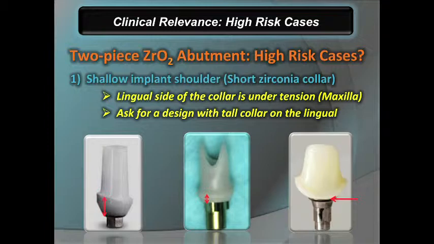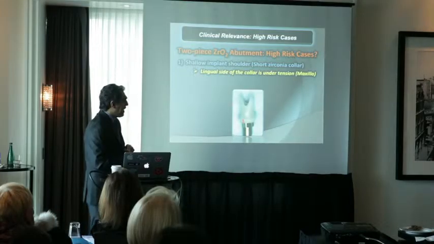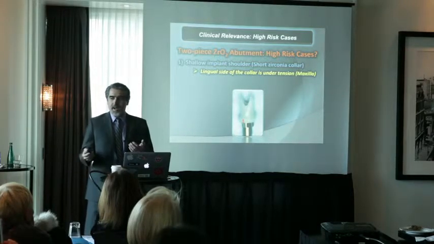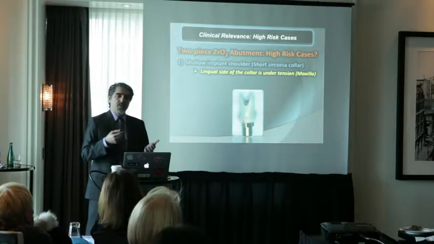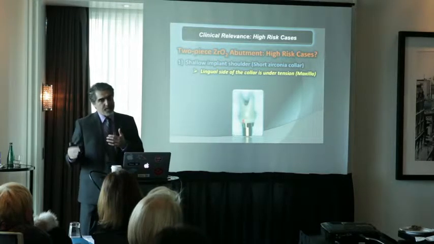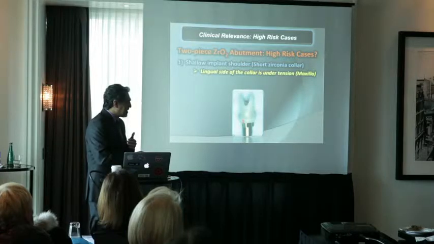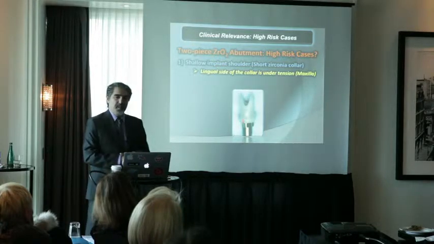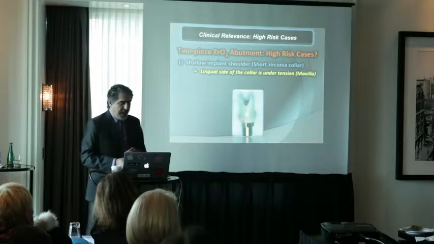The implant is shallow, and now we're going to use the zirconia abutment, but we have to know that if we are placing the zirconia abutment, the collar is small, so it's like a paradox. We need to place zirconia abutments where it's shallow to avoid aesthetic complications. But at the same time, in these cases, the size of the collar is going to be minimal. So I guess that's the only option that we have.